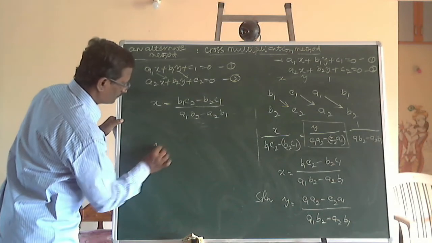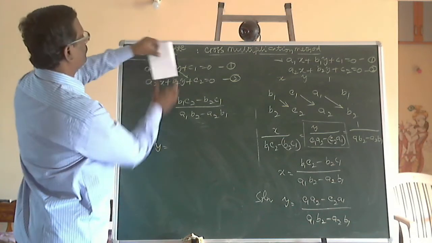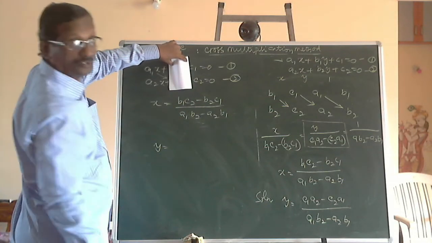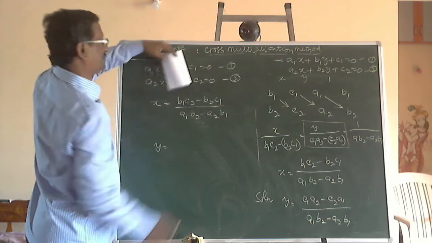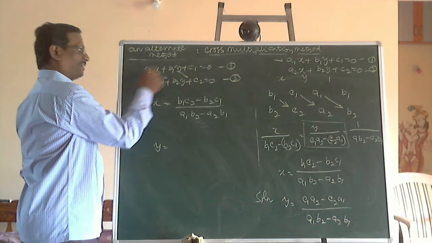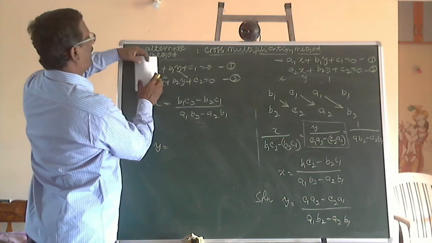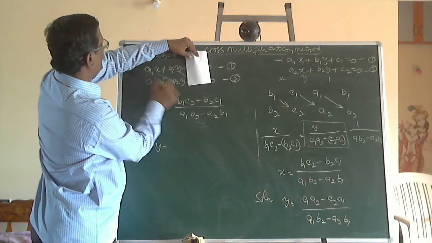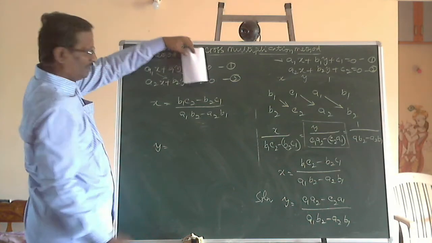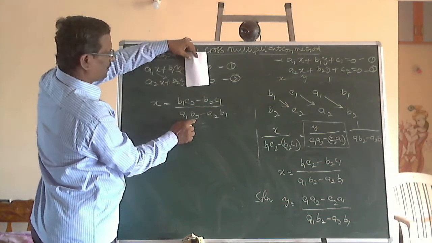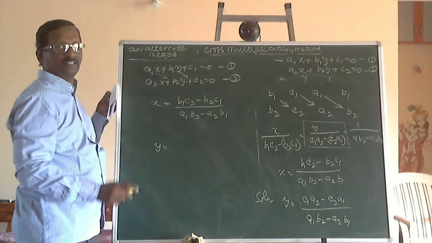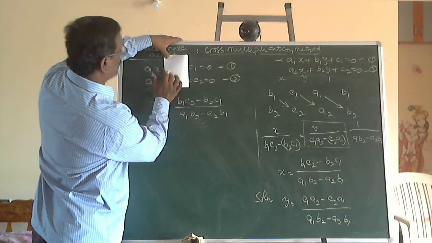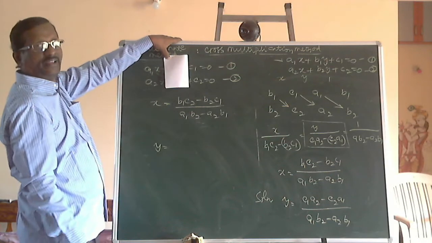If you want the y value, I will tell how to get the y value also. For the y value, close this y. When we find the x value, the right side adjacent of x is the y term. When y is closed, the right side adjacent coefficient is c1.